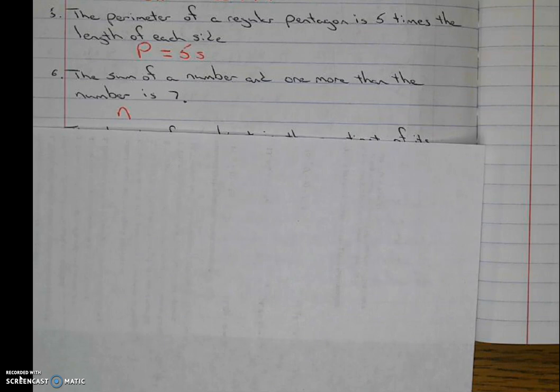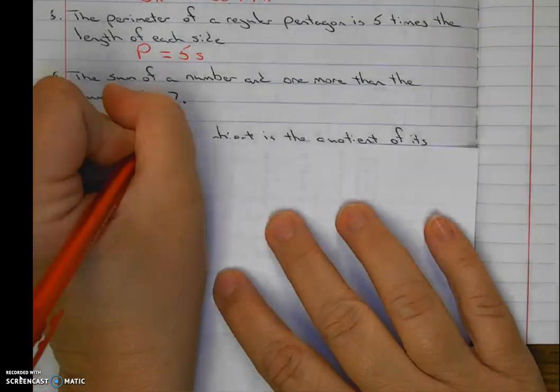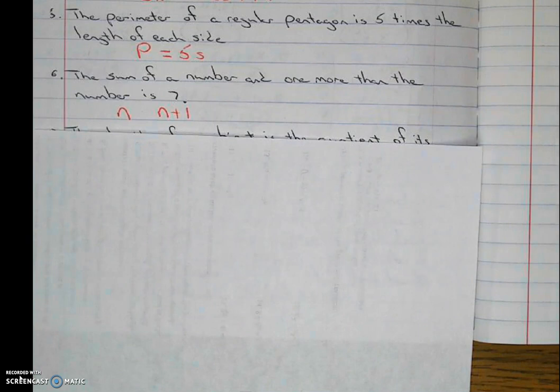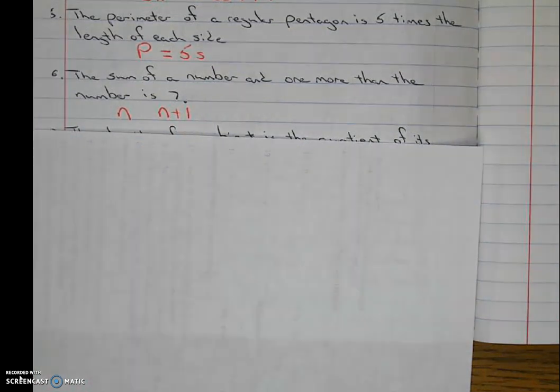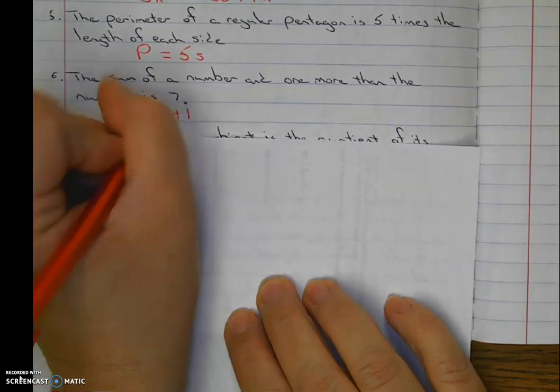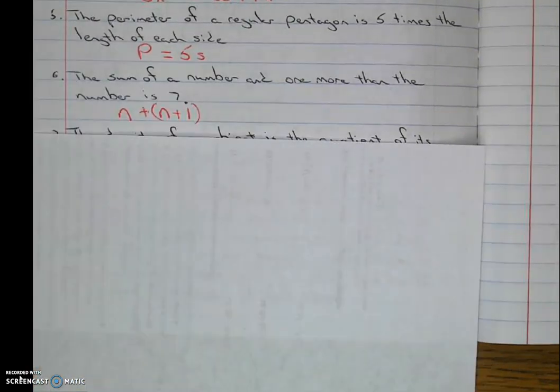So like if your number is 5, you do 5 plus 1, the next one is 6. So for one more than the number, we have to show that number again plus 1. It says the sum of this number and one more than the number. So you have to take the original number plus this one more.